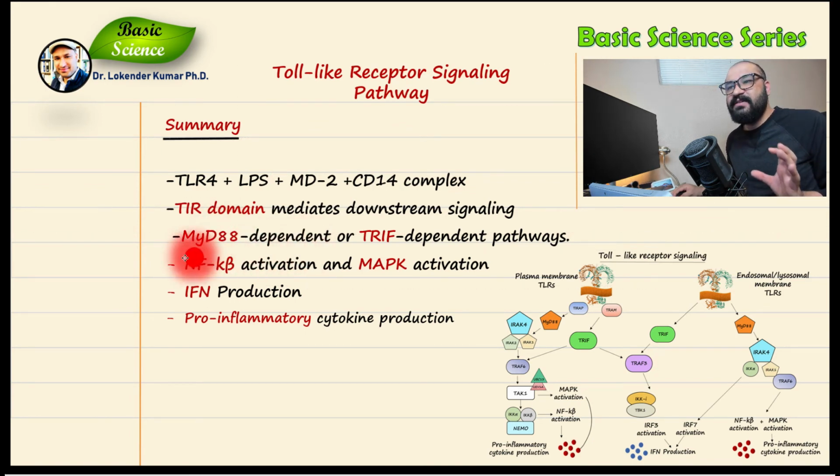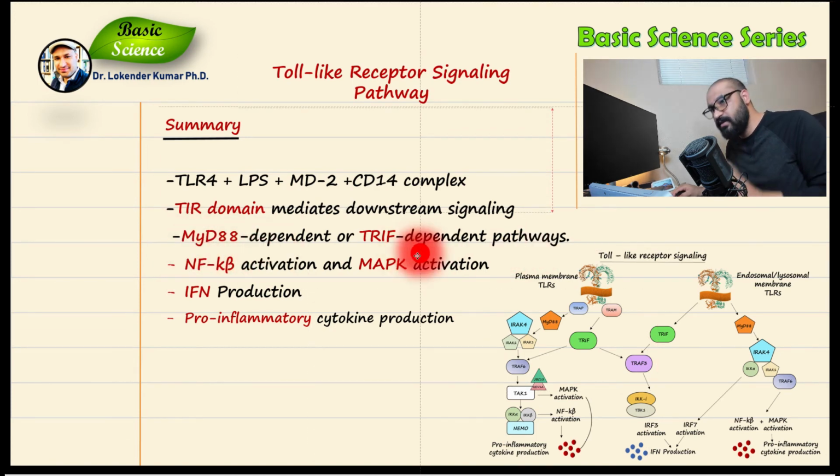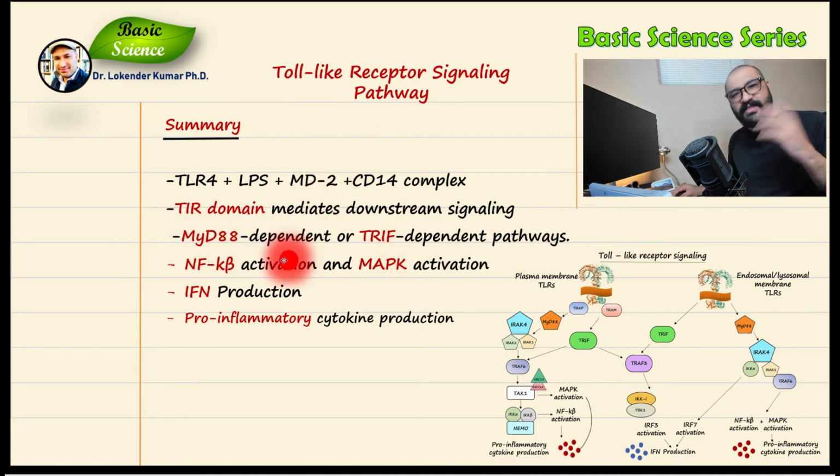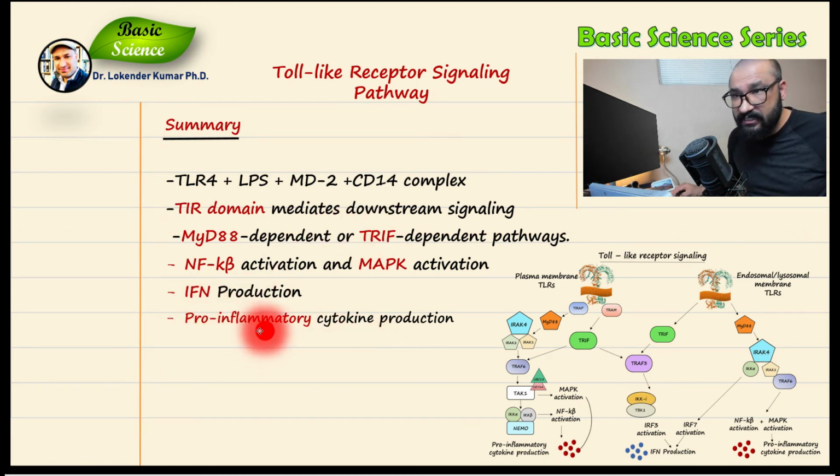And that activates these two specific pathways, MYD88 dependent and TRIF dependent pathways, which lead to the activation of MAP kinases and nuclear factor kappa B activation, which also leads to the production of pro-inflammatory cytokines as well as interferon production.